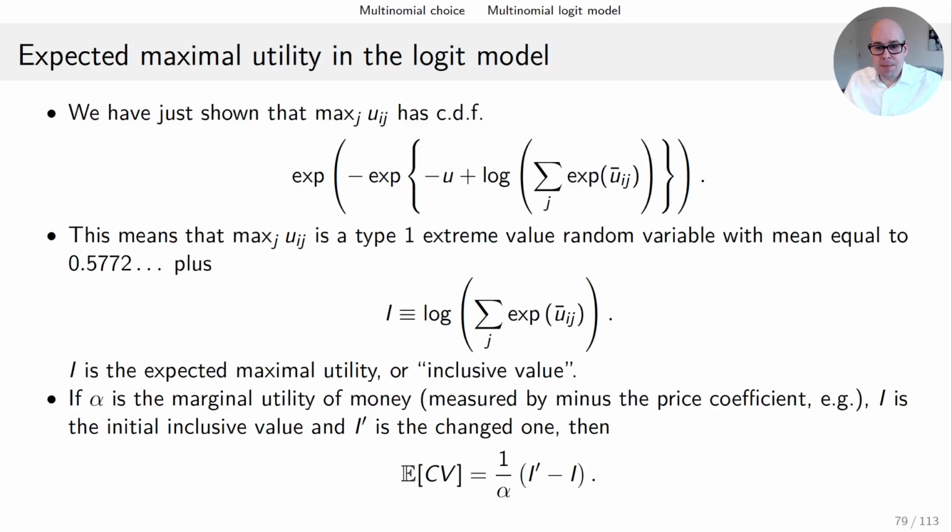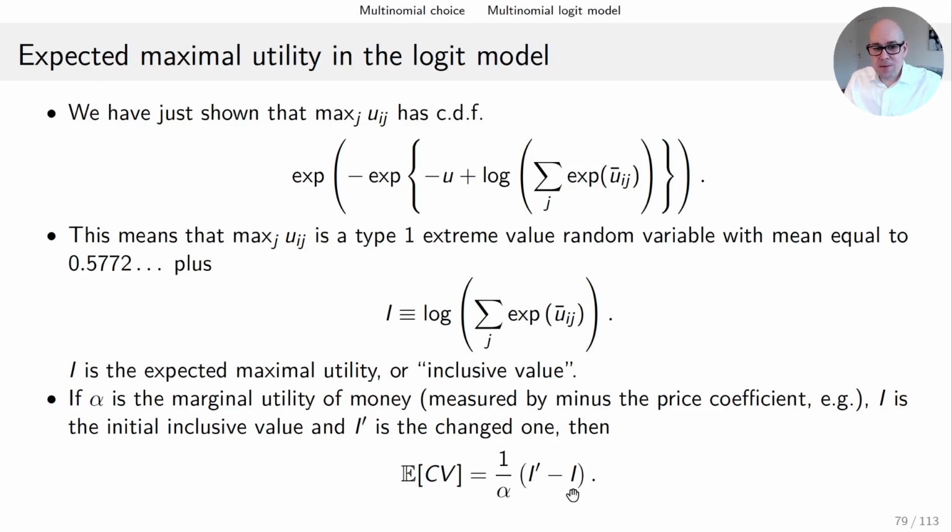So if I is the initial inclusive value and I prime is the changed one, for instance, because I introduce alternatives or because I change characteristics of alternatives or I remove alternatives, then the difference here, I prime minus I, is the change in the expected maximal utility.